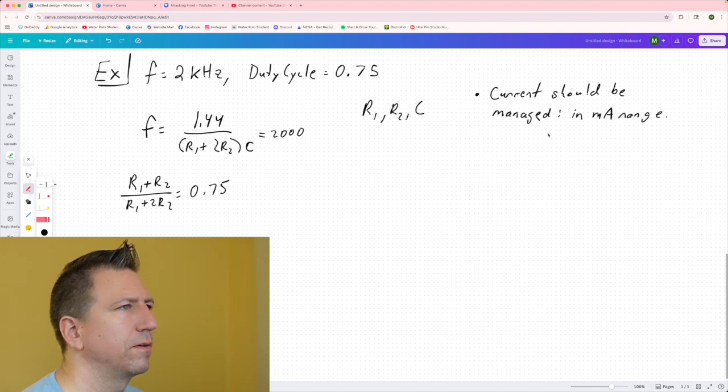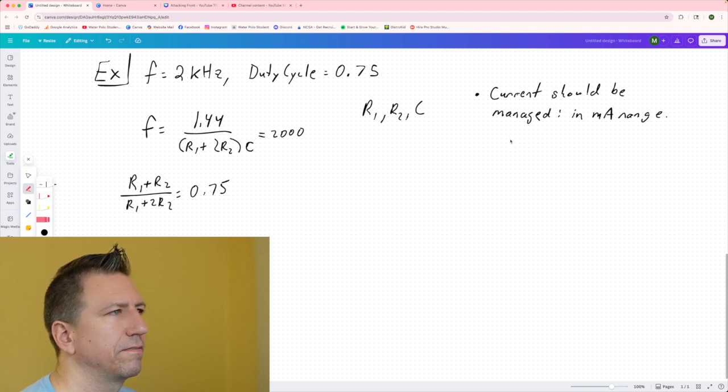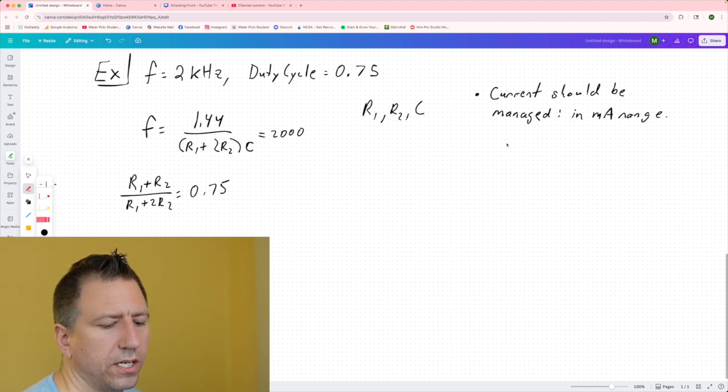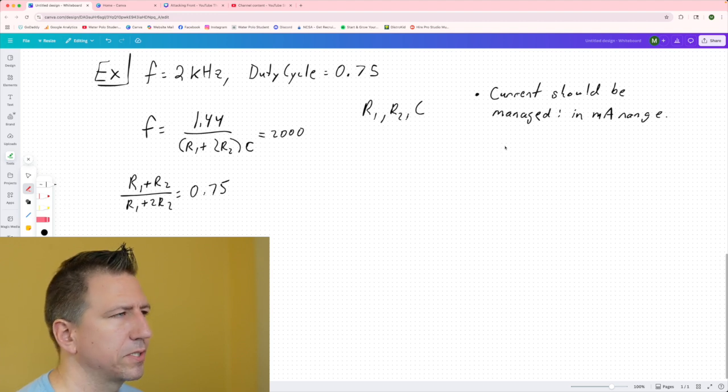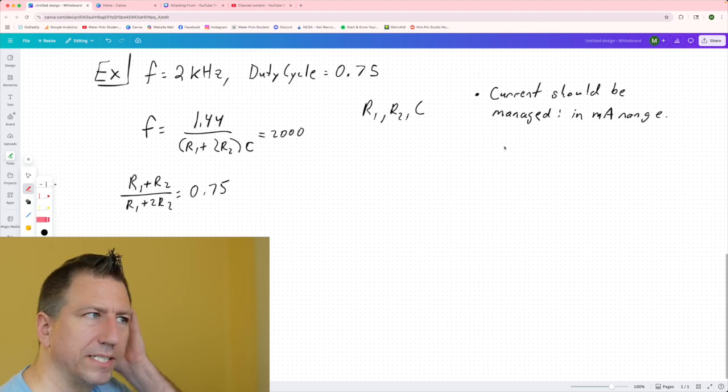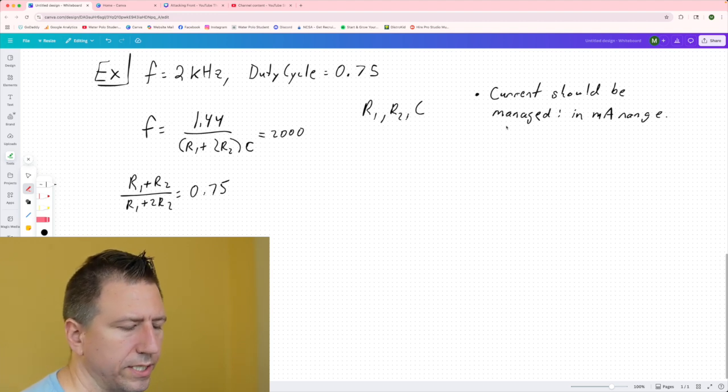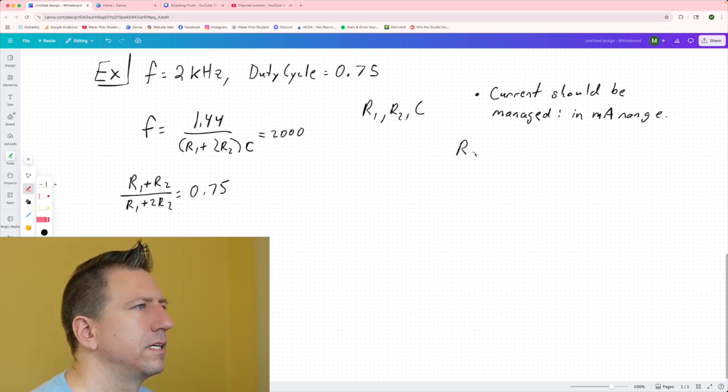So if I want milliamp current and I'm dealing with a 5 volt source, so we have volts and we're going to divide by kilo ohms to get us into milliamps, we're going to have something in the kilo range. So I made a choice and I said, let's make R2 10 kilo ohms.